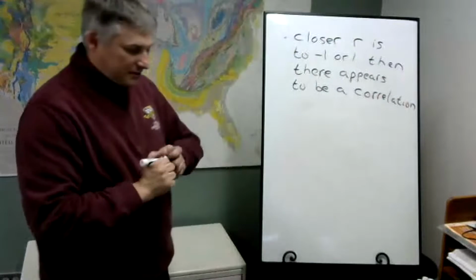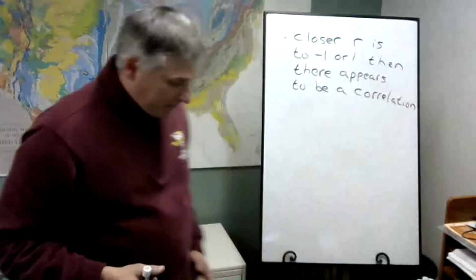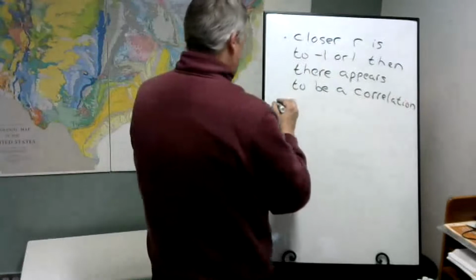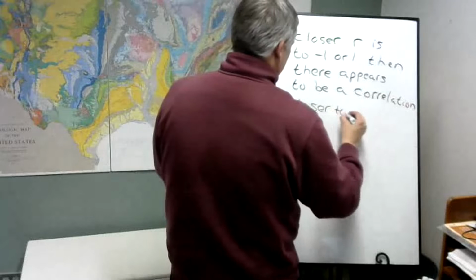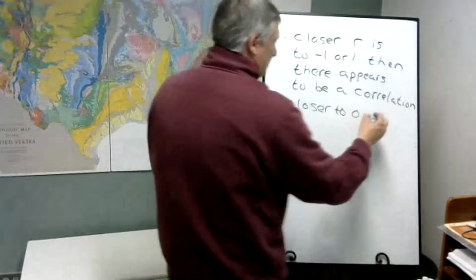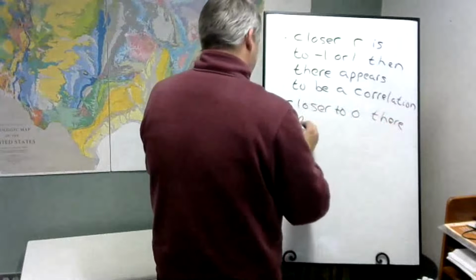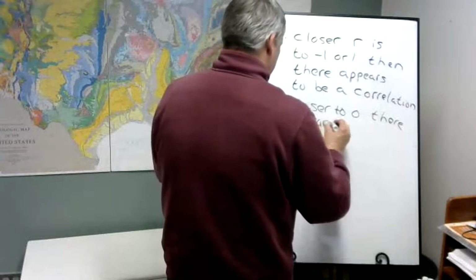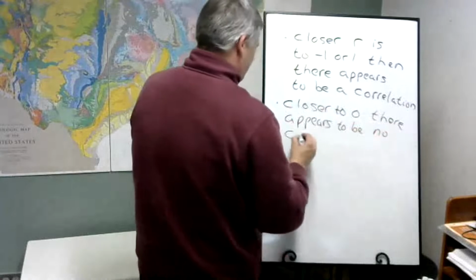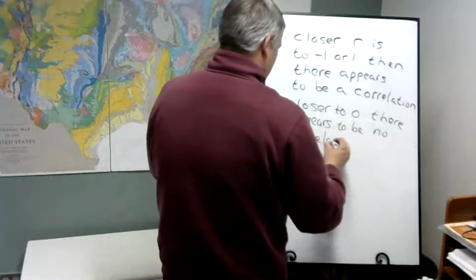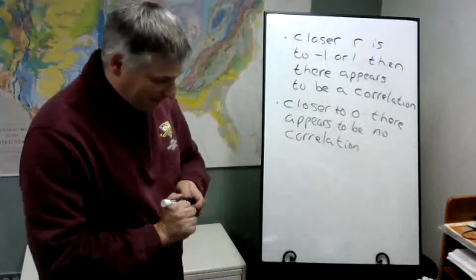So the closer R is to -1 or 1, we're closer to a correlation. And then the closer to 0, there appears to be no correlation. Again, the closer you are to 0.